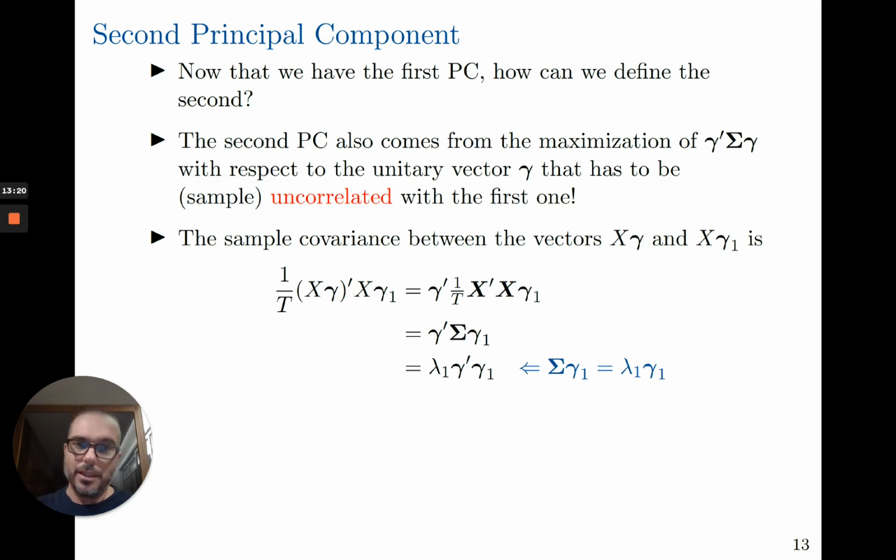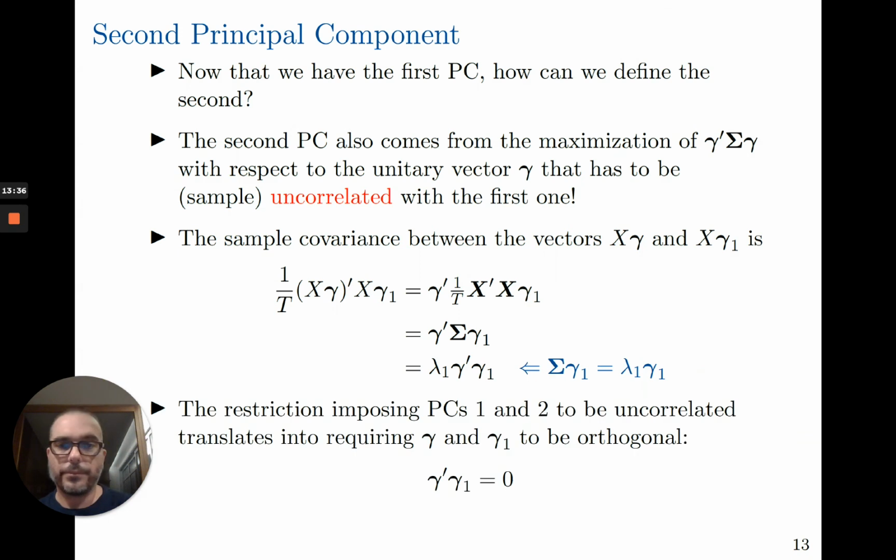This is equal to lambda 1 gamma transpose gamma 1, and this comes from the eigenvector equation here. So the restriction imposing PC1 and PC2 to be uncorrelated translates into requiring gamma and gamma 1 to be orthogonal. Basically, gamma prime gamma 1 should be equal to 0.